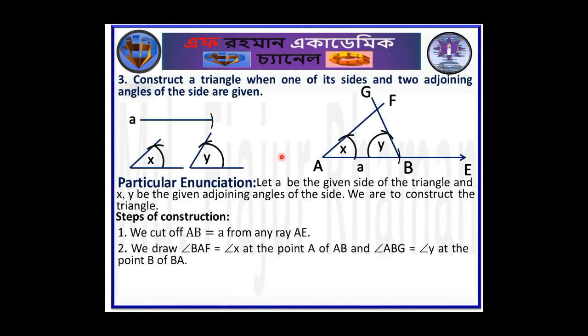AF and BZ intersect each other at the point C. In the triangle ABC, A is the side, and X and Y are the adjoining angles of it. That's why ABC is the required triangle.